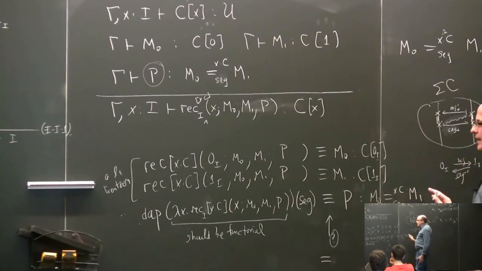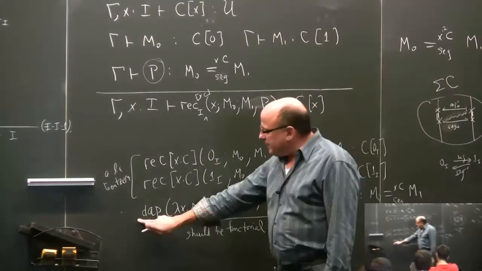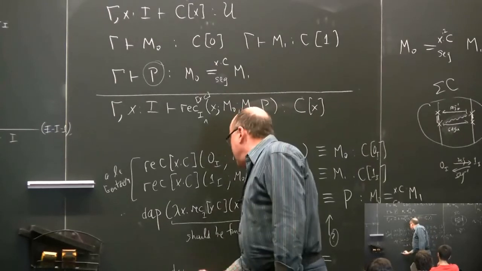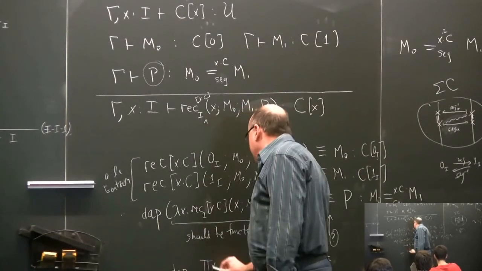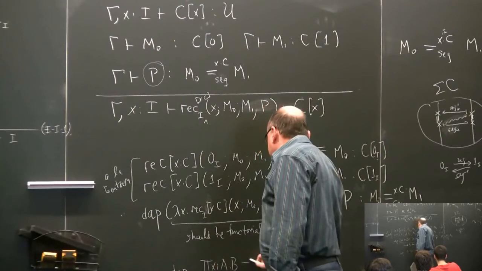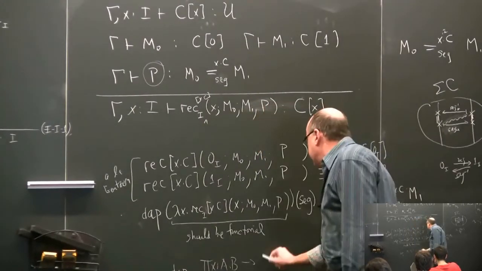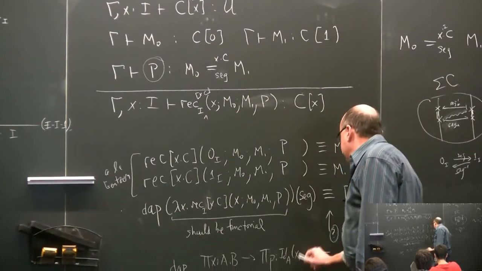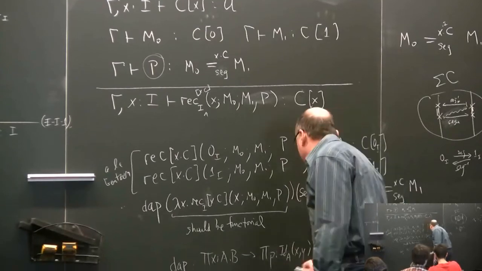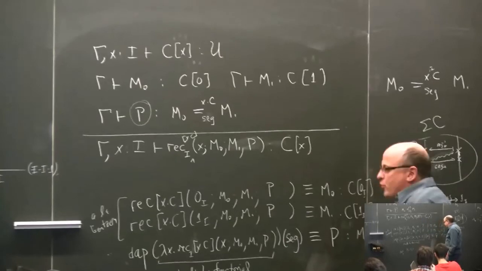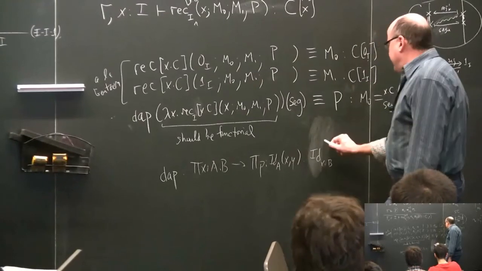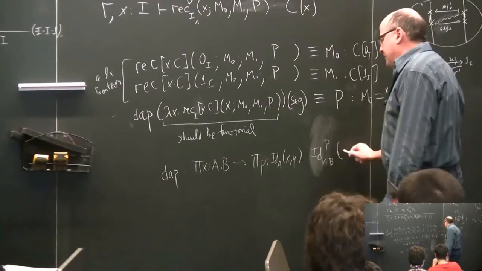But notice, in a certain way, it means that I'm patching the meaning of DApp, because DApp was this function that we were thinking of here. You could think of it as taking, more generally, pi x in A, B. What it does is, if you give it a path in A, let's call it between x and y, then what it gives you back is a correlated path, xb correlated by p, to fx.